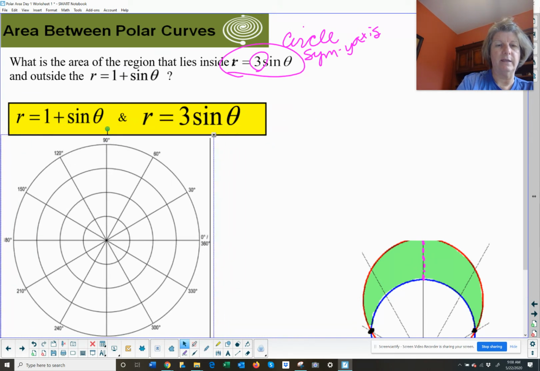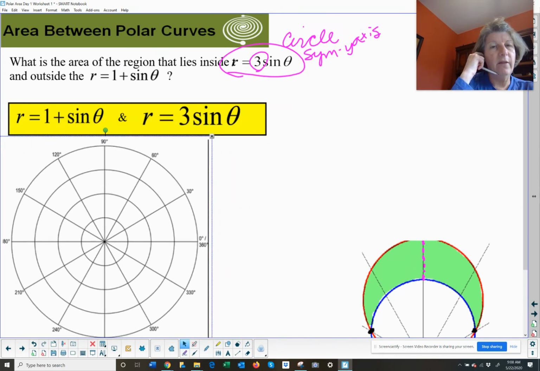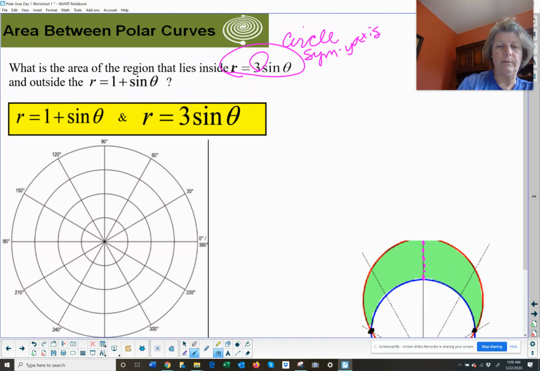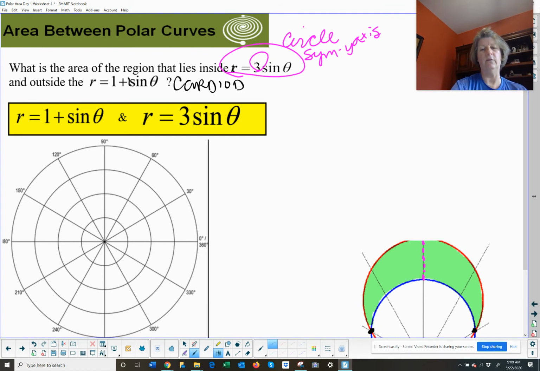I need to move that so I can work with that a little bit. Then the other one, I see that we have equal A and B, so this one must be a cardioid. And you'll just get better and better at these the more that you force yourself to recognize them.